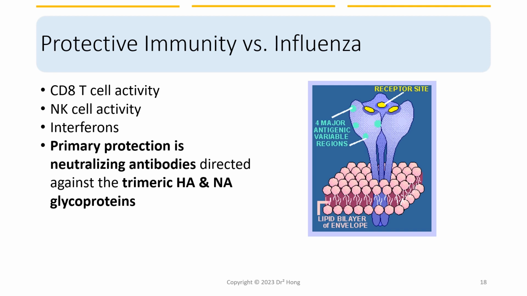However, the primary protection against influenza is neutralizing antibodies directed against the trimeric HA and NA glycoproteins. Now, if an individual received a seasonal flu vaccine, they would have antibodies that may be effective in neutralizing the virus before it can infect cells.